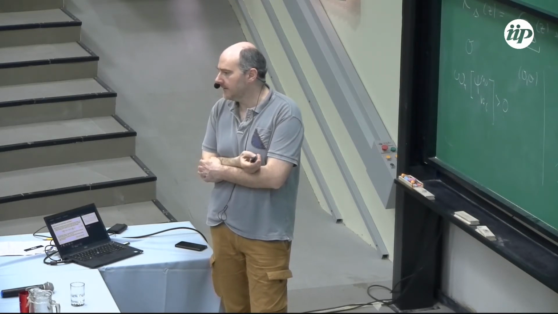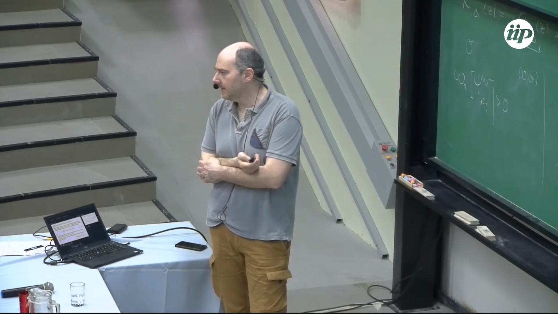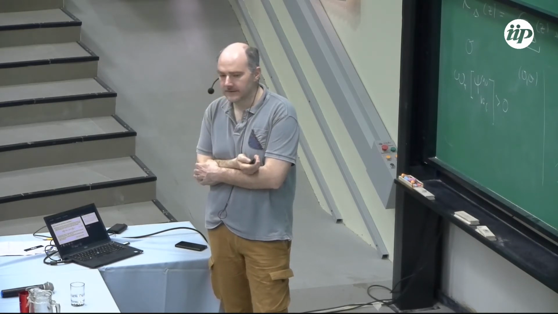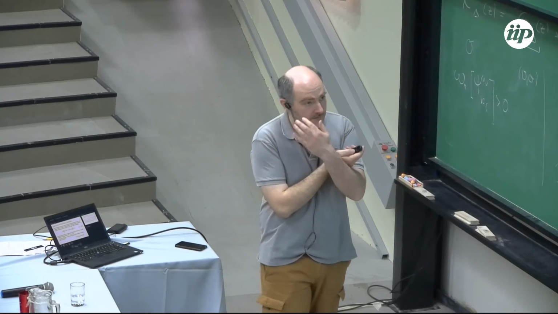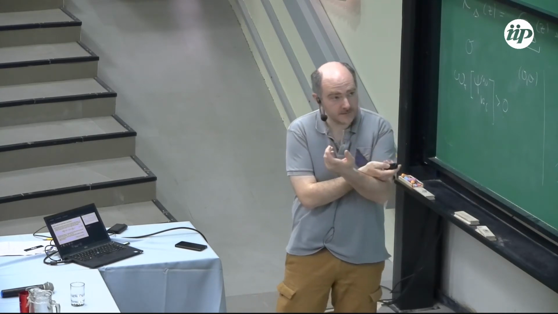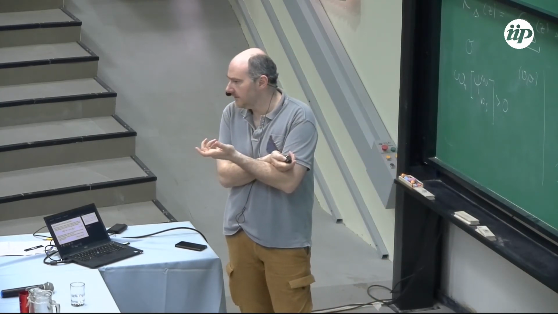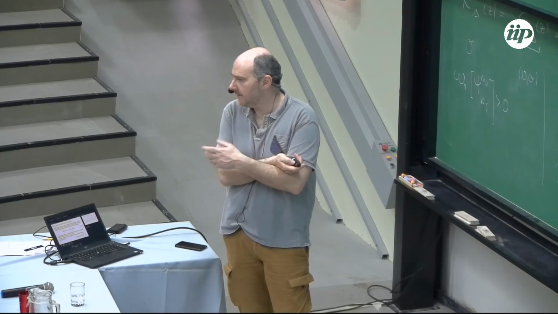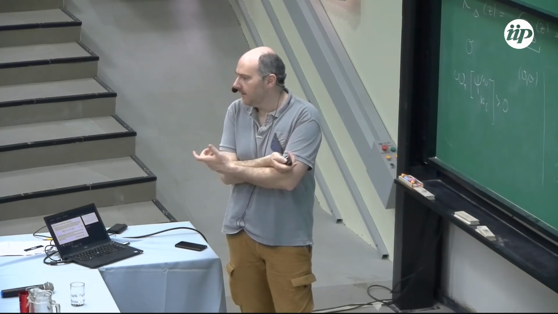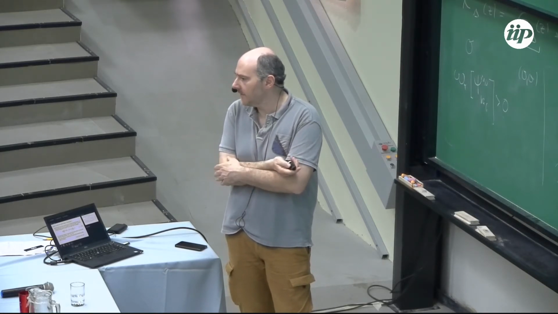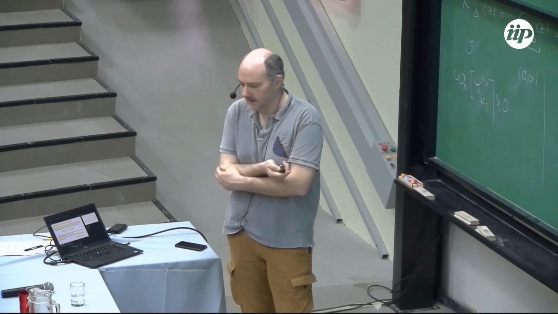Yeah, it's protected. The operator is protected, but the structure constants are still non-trivial. So this gives some non-trivial functions of the coupling, which are the structure constants, say, in the three-point functions of these operators.